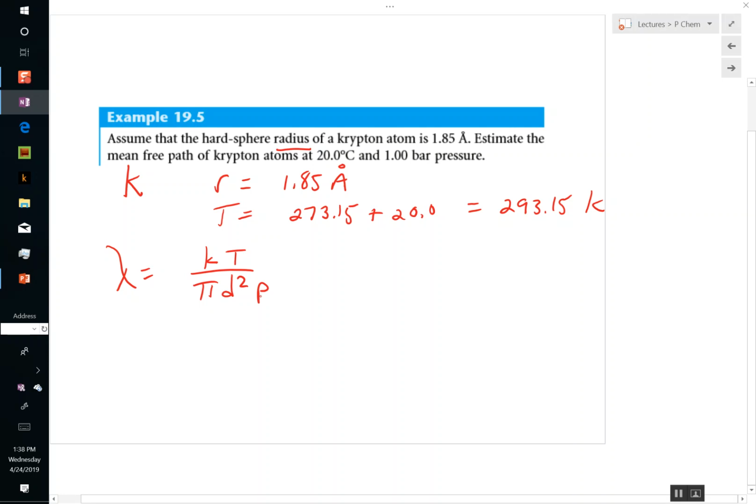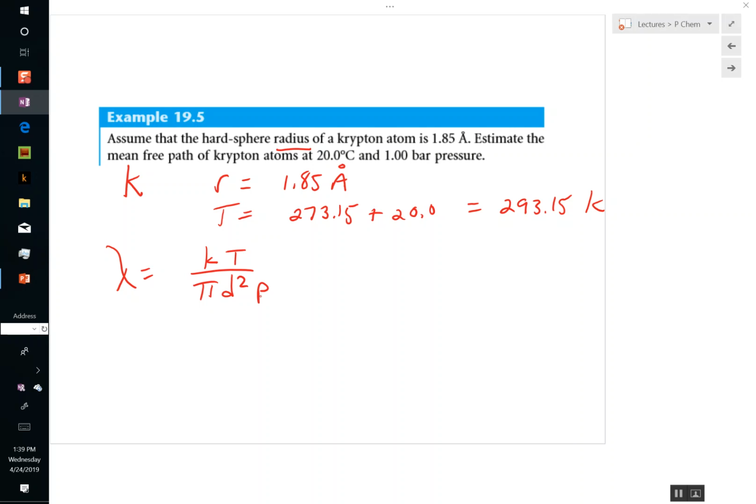Well, actually, you can avoid converting that, I think, but if you want it in meters, you're going to have to convert it. Is this angstroms or should it be in meters?